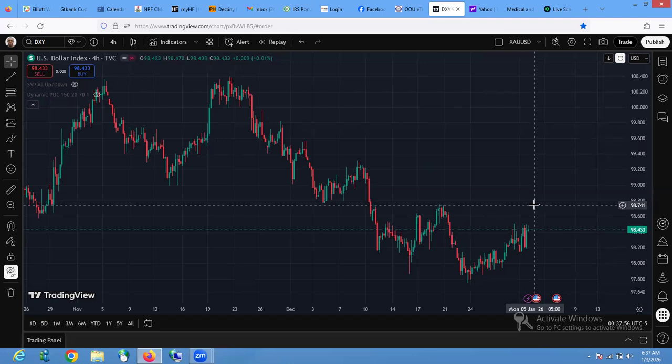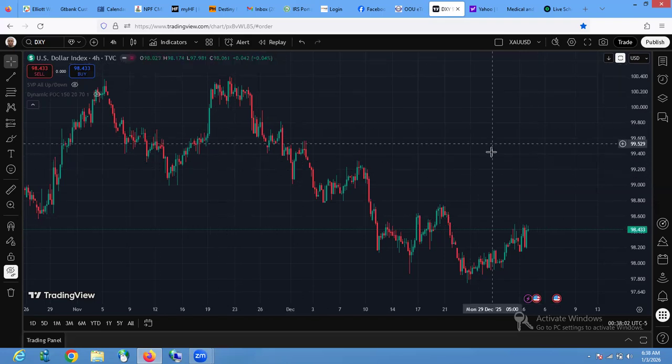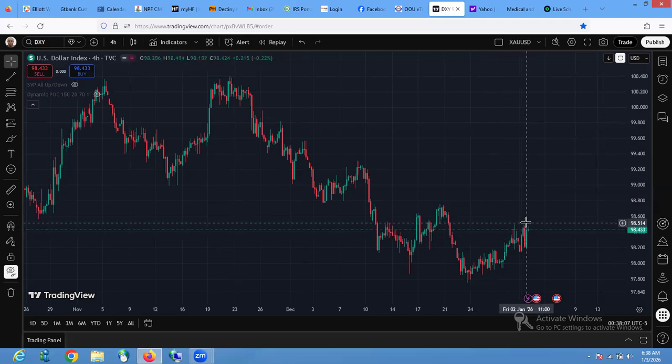But the sign that you would pick is that all these are 4-hour time frame candles. Each candle is 4 hours. So if we put a resistance here and we put a support at this low, all we can do is to watch for what price will do within that consolidation.